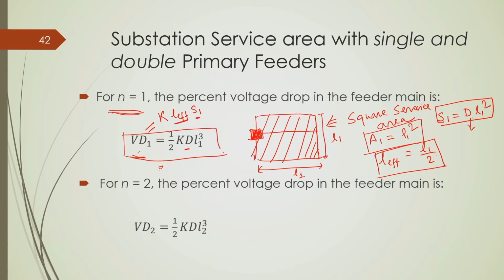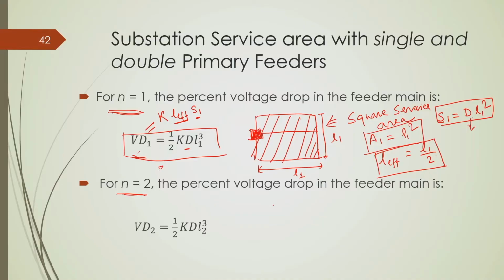Similarly, we can find it out when n is equal to 2. Here also we have a two feeder case where the substation is centrally located and the service area of each of the feeders is square.